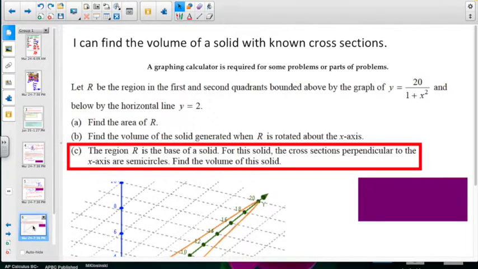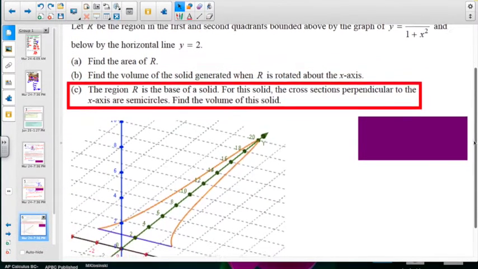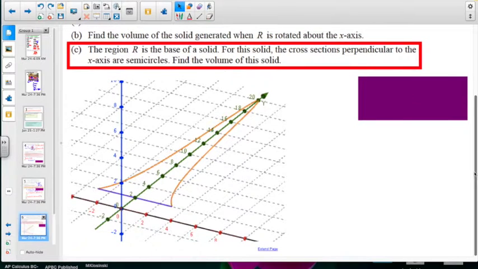That's what we're doing next. Okay, so back to this one that we did yesterday. And so if we look at this again, careful reading, cross sections perpendicular to the x-axis. So they have to go from orange to purple. That's perpendicular to the x-axis. And semicircles.